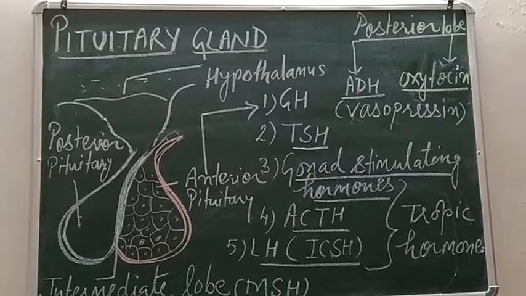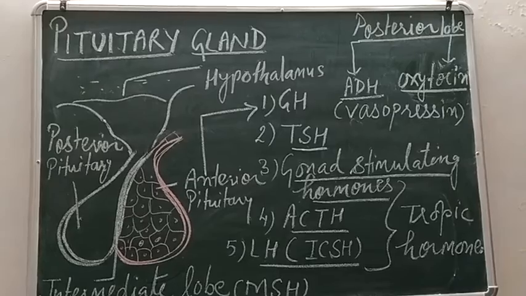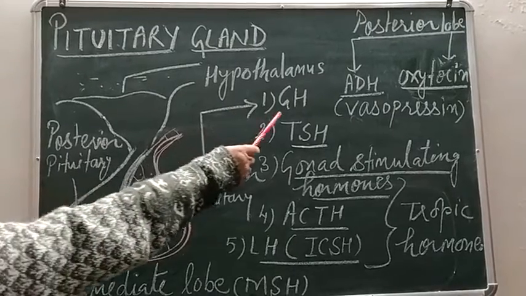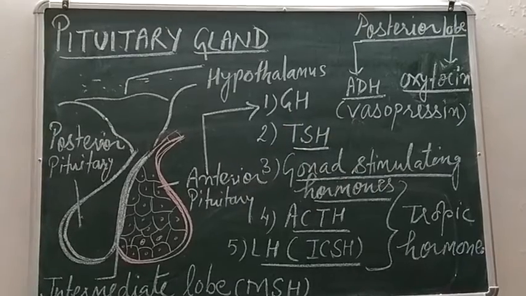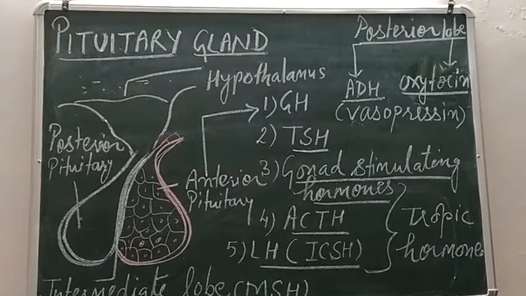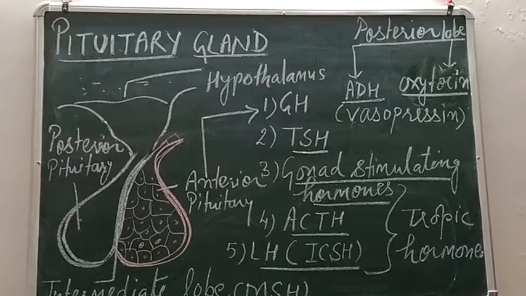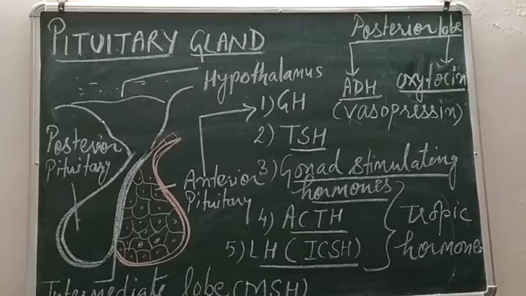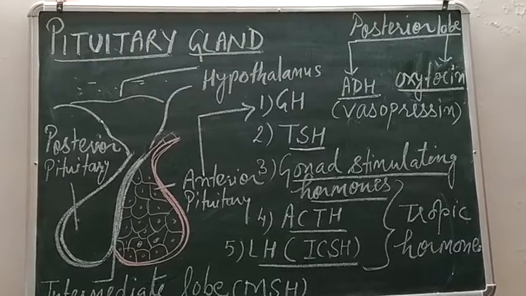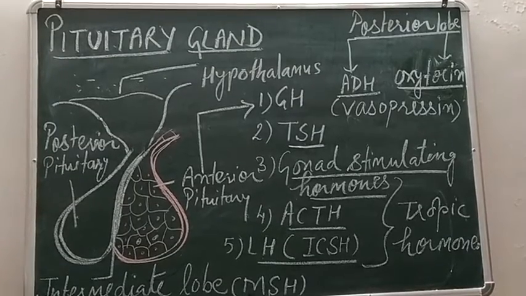But remember children, there is another condition due to over secretion of this growth hormone, but after adolescence, that means during adulthood. If this growth hormone is secreted in more amount, a person will suffer from a problem known as acromegaly.